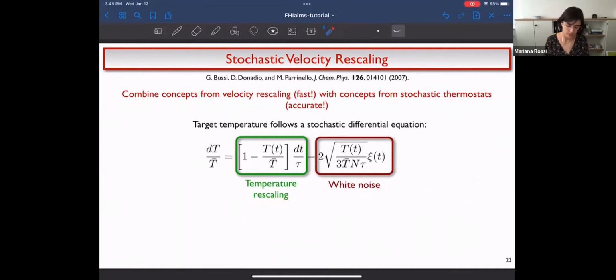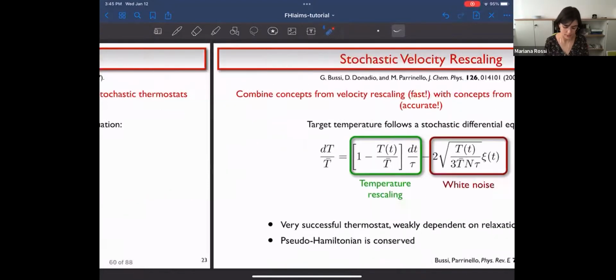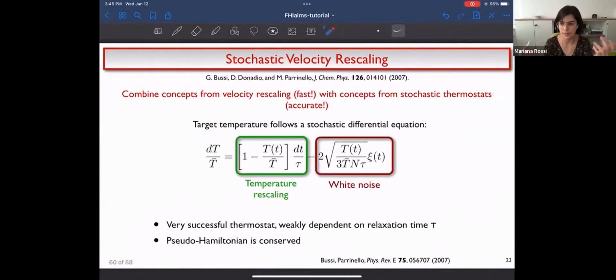So you have both temperature scaling and random stochasticity in the equations that then rescale your momenta such that you get temperature control very efficiently and in a very robust fashion. It's not really too dependent on what you put here for the parameters of the thermostat, and you can even define a conserved quantity to check whether your dynamics are doing good.